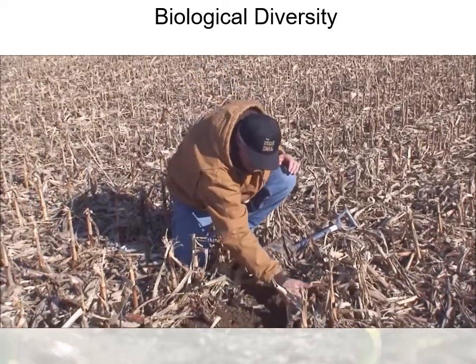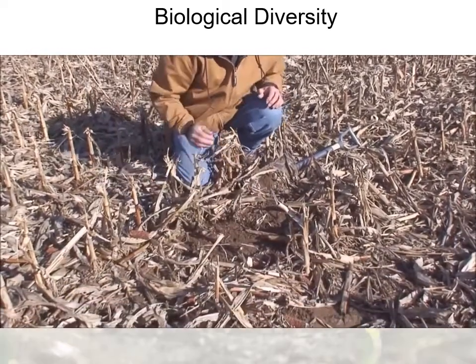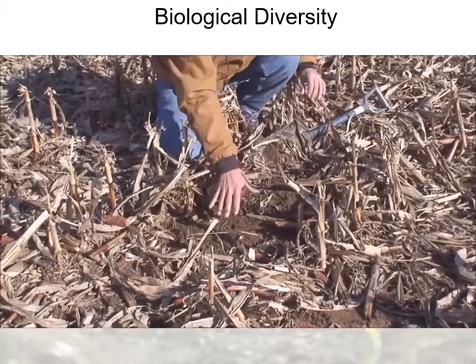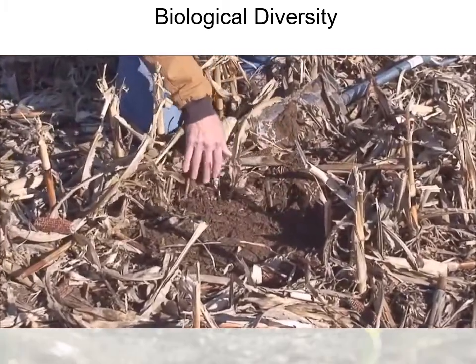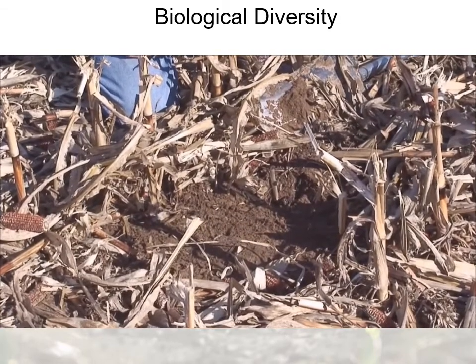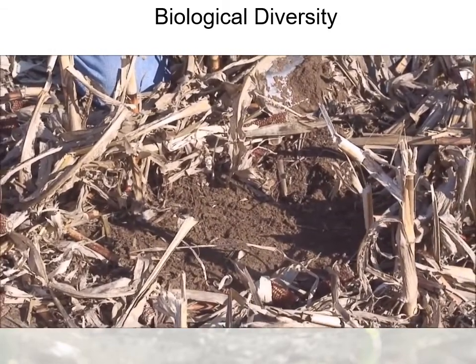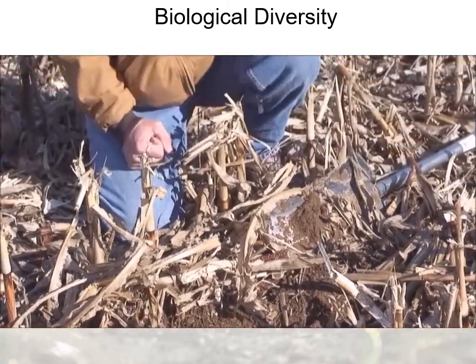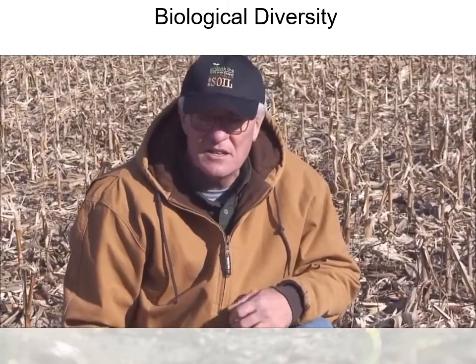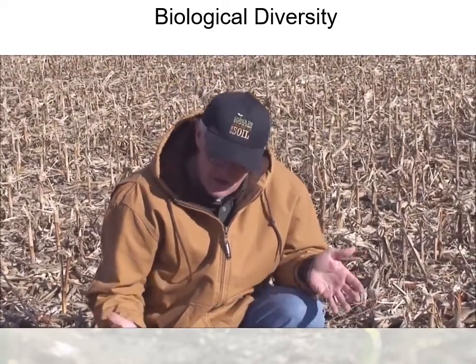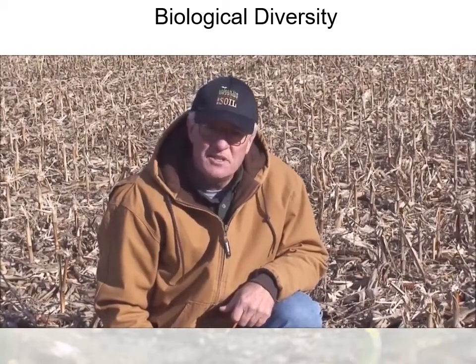The answer in this particular case is probably not, because as we scrape back the fresh residue and look underneath, we're seeing that it was pretty bare soil most of the summer. So the evidence is pretty clear that at least a really important biological hotspot is missing. Biological habitat is missing in this particular management system.